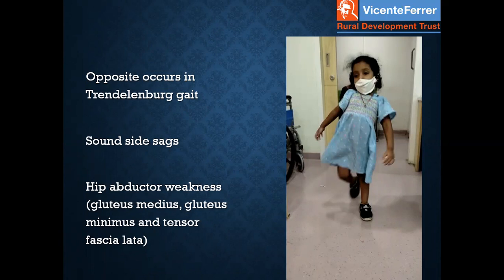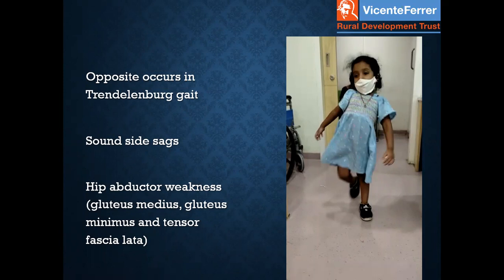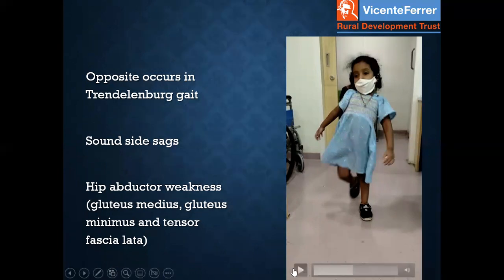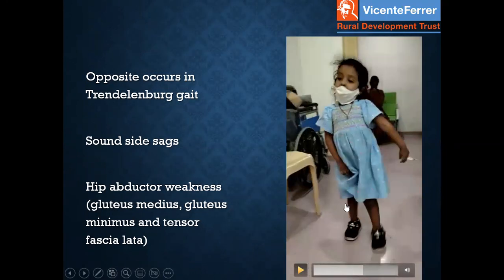So whenever we see this type of gait, the side to which the baby or body is swaying, that is the side of your weakness. Okay. Yes. So here she is bearing weight on the right leg and she is swaying to the right side.